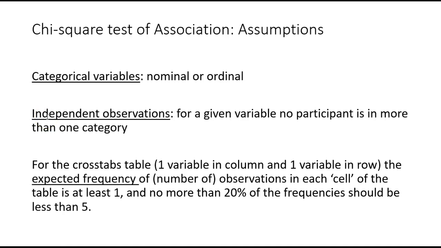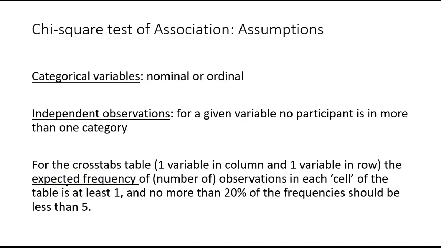So no participant can be represented in one of those variables more than once. And then this is another assumption that I'd like to point out here. For this crosstabs table where you have the frequencies for rows and the frequencies in cells, there are expected frequencies and observed frequencies.